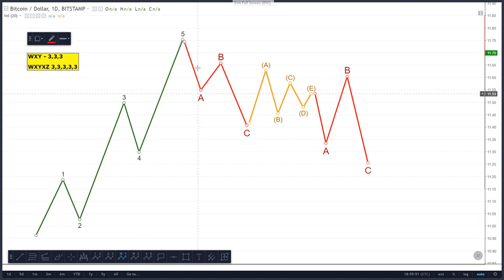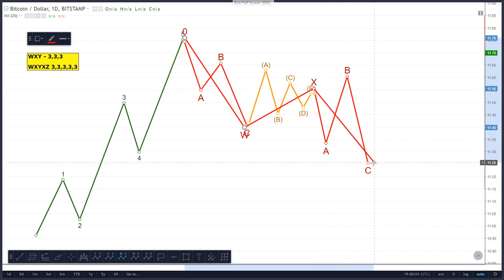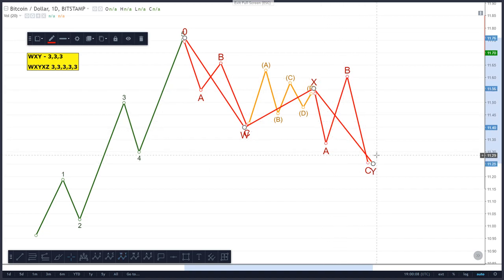The way we would label it is the end of our first corrective pattern would be wave W, then our X wave will be this triangle which is finishing here, and then Y will be at the end of our final corrective pattern, which is this expanded flat.